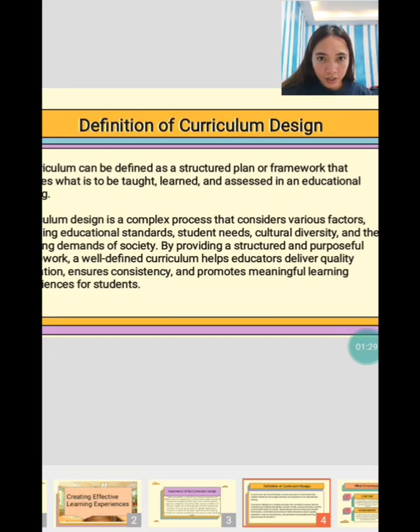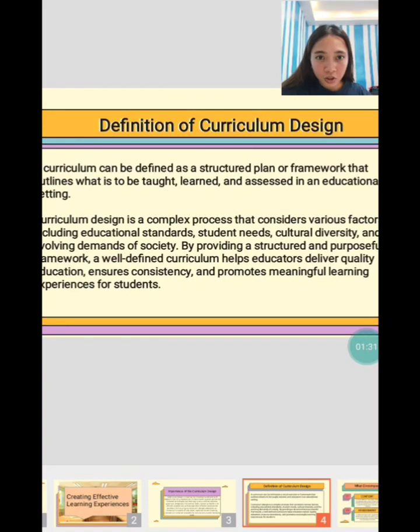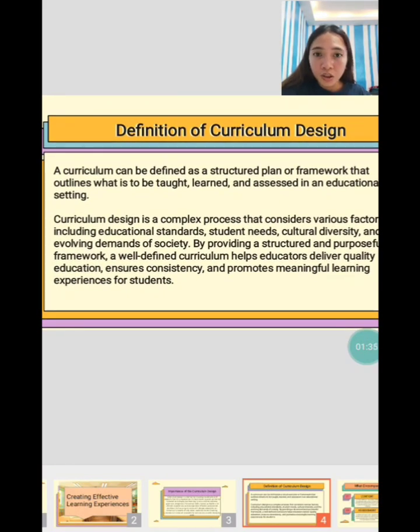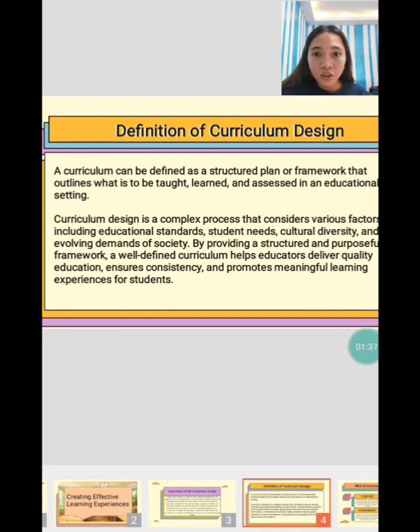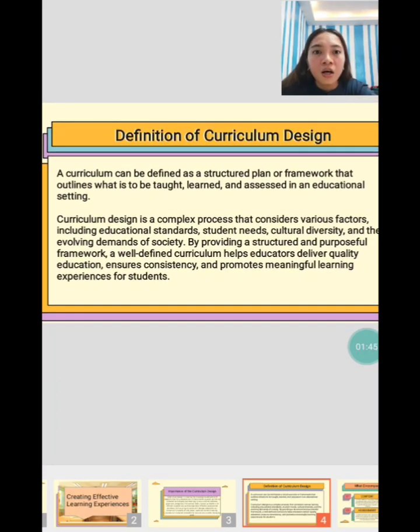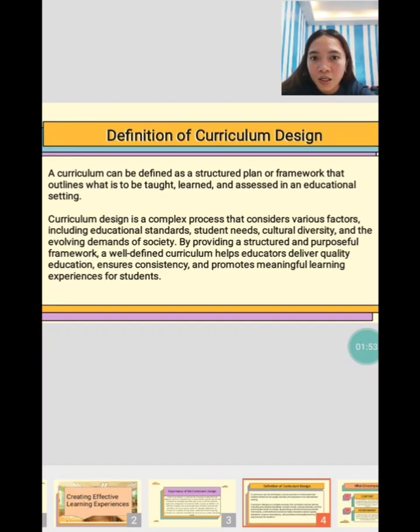Curriculum can be defined as a structured plan or framework that outlines what is to be taught, learned, and assessed in an educational setting. Curriculum design is a complex process that considers various factors, including educational standards, student needs, cultural diversity, and the evolving demands of society.